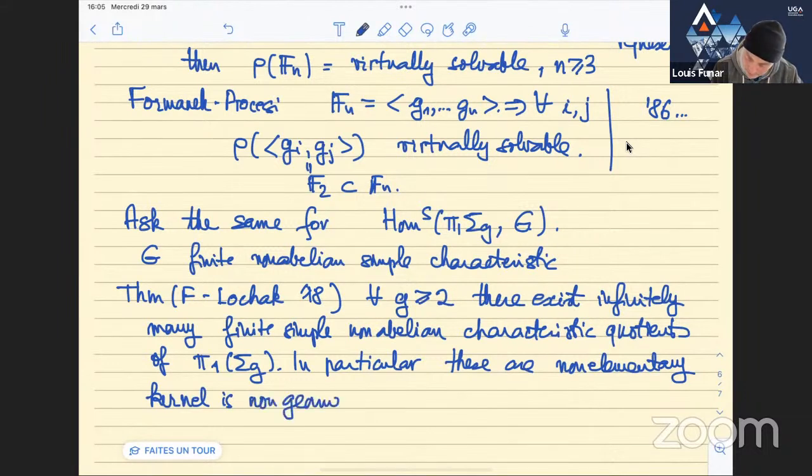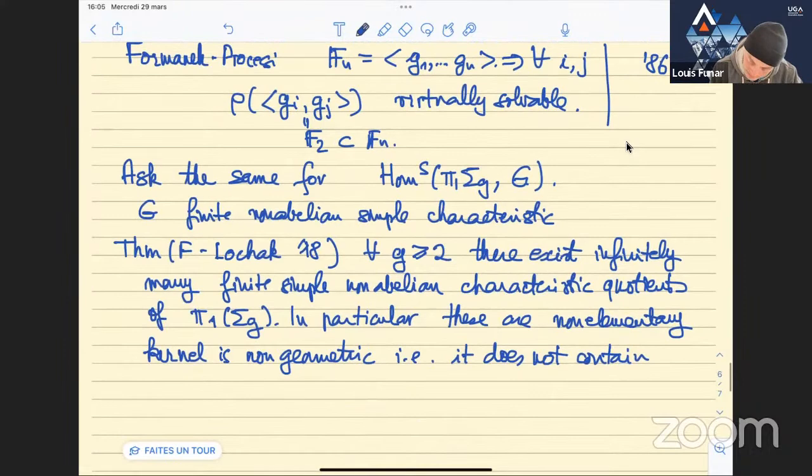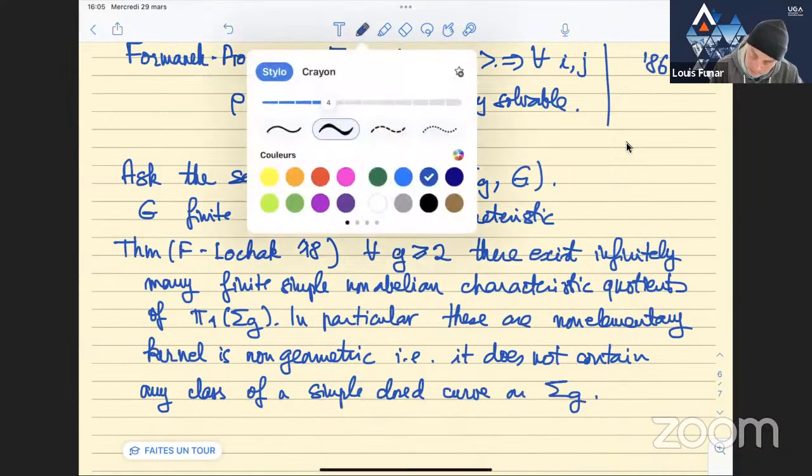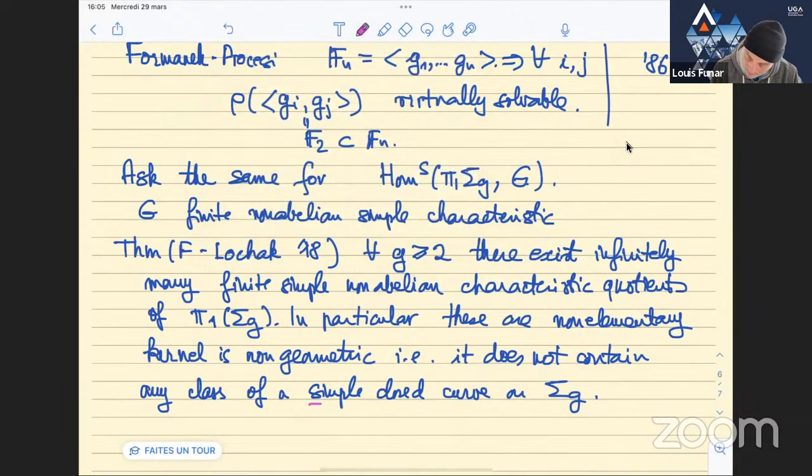In which sense? It does not contain any conjugacy class of a simple curve on sigma g. So of course the main thing is that you have a simple closed curve, right?